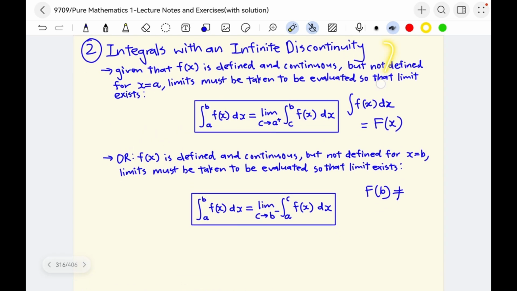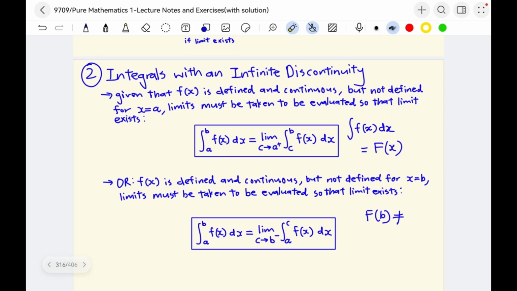Okay, so until here, this scenario doesn't seem to come out easily in your external examinations. However, for the February March students, it exists. So for the May June and October November series candidates, you still have to grasp this concept.